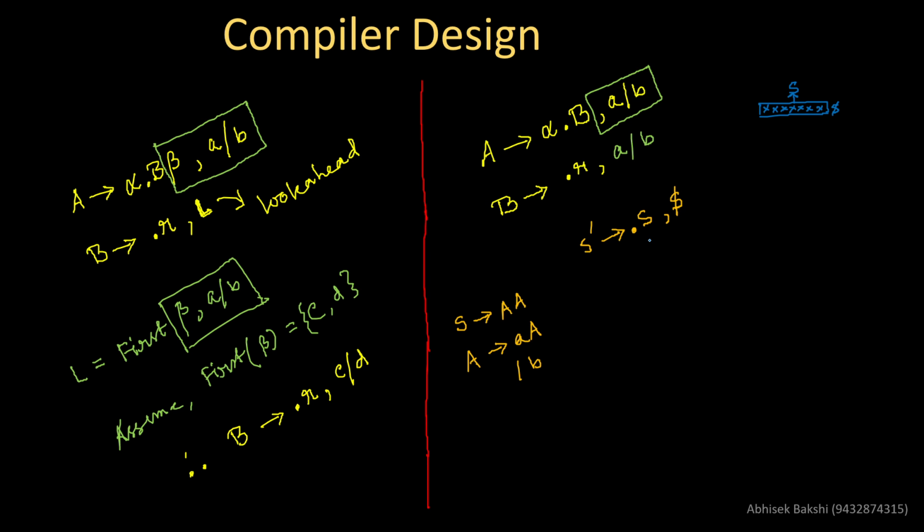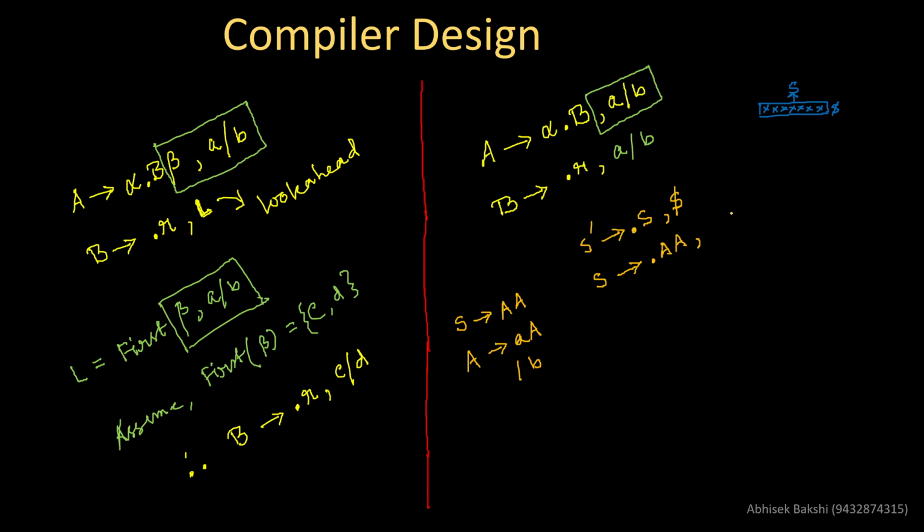Now from this production rule onwards, let's apply the rule that we have seen. Since I have a dot before this capital S, naturally I have to do the closure of capital S. So I will write S to dot AA. But after the comma, I have to write something.